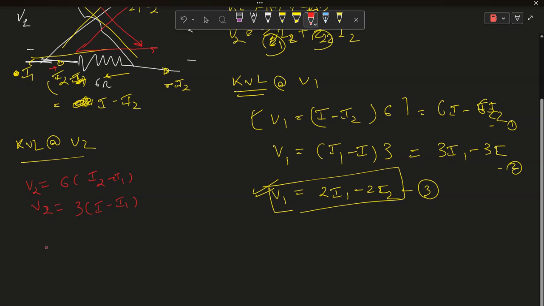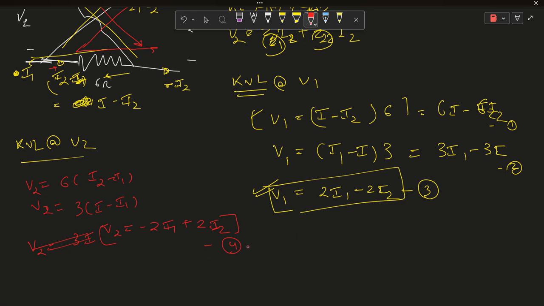Now if we solve these equations, we get V2 equals minus 2I1 plus 2I2. This is a simple elimination method, you can solve it by yourself. Then we get our second equation, denoted as equation fourth.